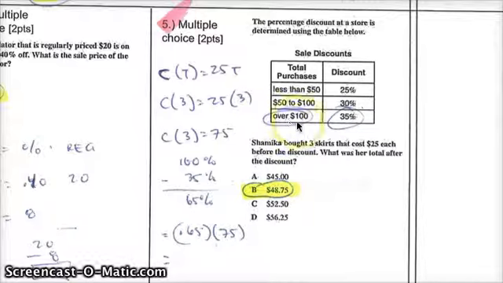What in the world was I thinking? $75 is a 30% discount, so this is wrong.